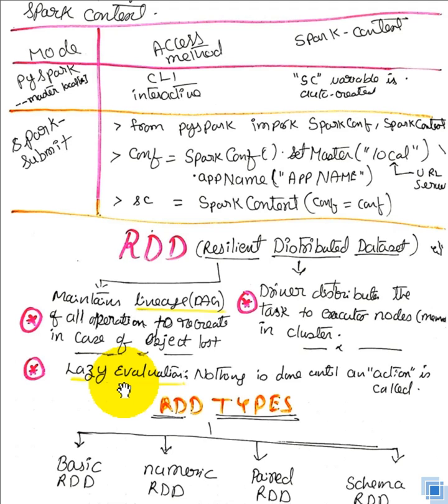That means, let's say, if you're familiar with Python or any other programming language, you would see that for each line that you execute, the compiler or interpreter is going to execute that particular line of code and allocate or deallocate memory based on that line of code. But that won't happen with Spark.